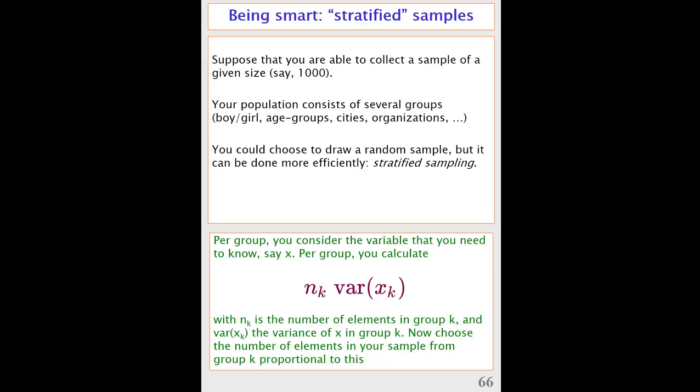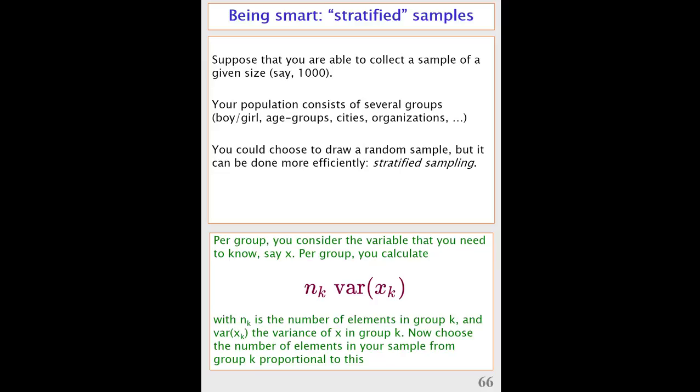If you look at different kinds of groups, where I have K, you have an estimate first of the size of that group in the population, here labeled NK, and an estimate of the variance on whatever it is that you want to measure of that group in the population. And you take the product of the two, and that itself is your measure for how large the sample should be in that particular group.